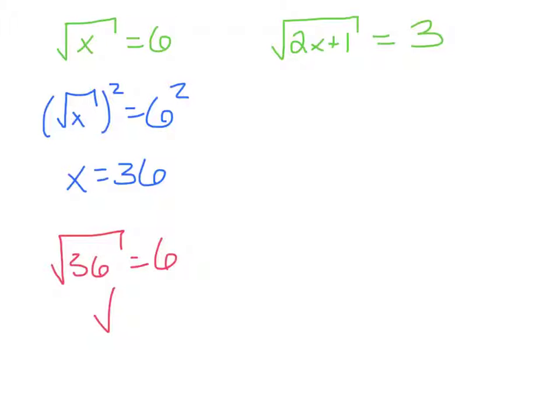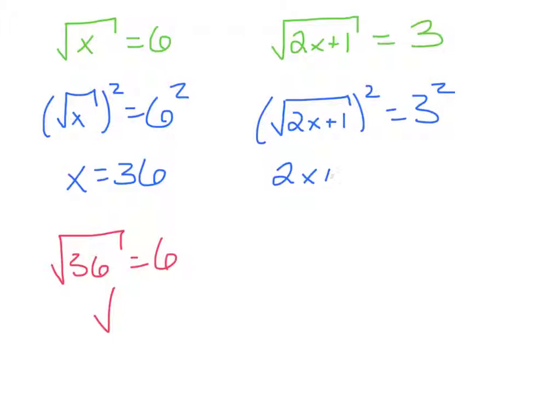And so just the same way for this second equation, we still have the square root, so we're going to do the opposite operation. So we're going to square both sides of this equation. And we'll have 2x plus 1 equaling 9. Subtract the 1, 2x equals 8.